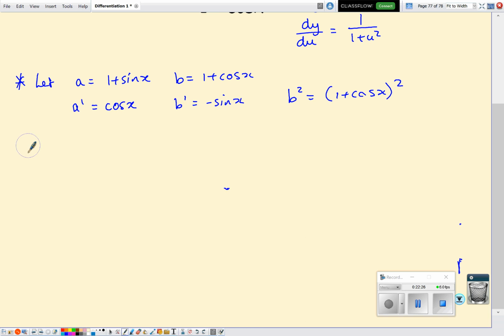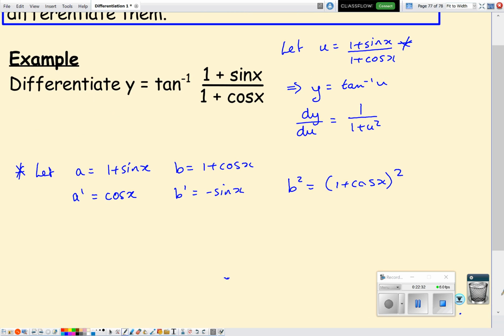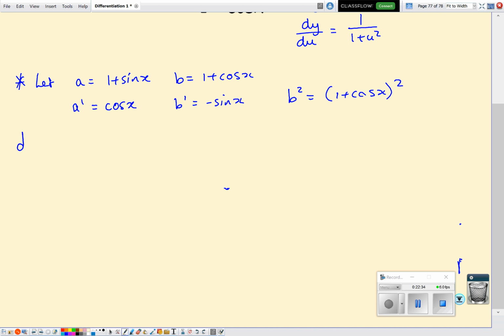Right, let's do this. Quotient rule. So this is going to be du by dx. Important to get that notation correct. Keep yourself right. So du by dx will be that times that, 1 plus cos x times cos x, so that's cos x times 1 plus cos x. So far so good.